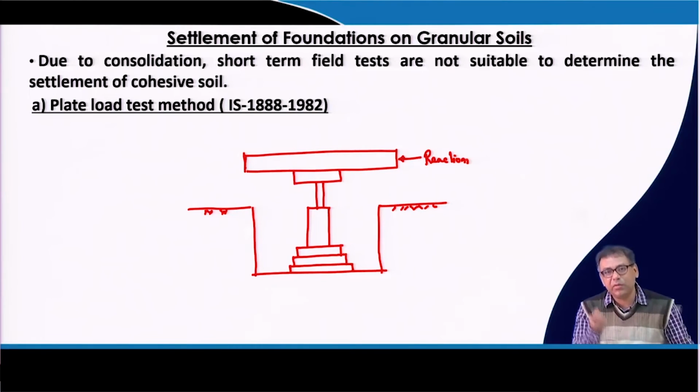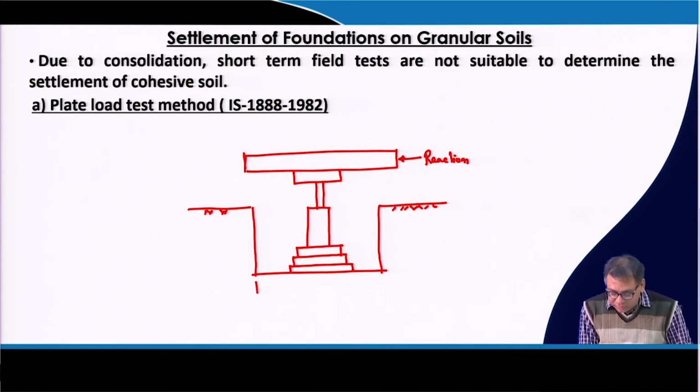So basically you are applying the pressure on the plate, and then we are measuring the settlement of this plate. That means the ultimate output will be pressure versus settlement. We are placing the plate at the base of the foundation, and then applying the pressure.